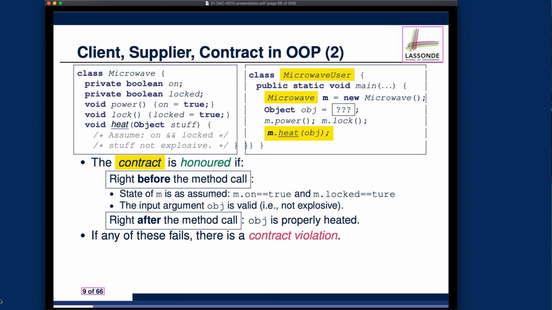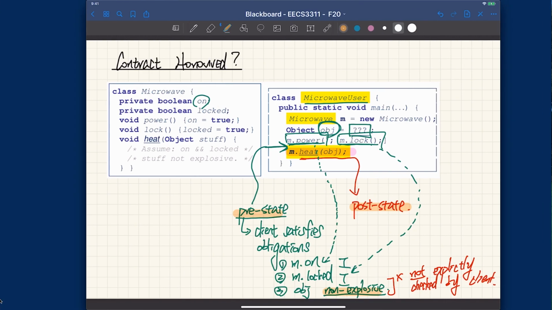Okay, so if any of these fails, for example, if the object is actually explosive, or let's say the object is not explosive, however, if you put your lunchbox into the microwave, let me just give you one example. Let's say in the post states, given that OBJ is non-explosive, but OBJ is still cold, which means it's actually not heated.